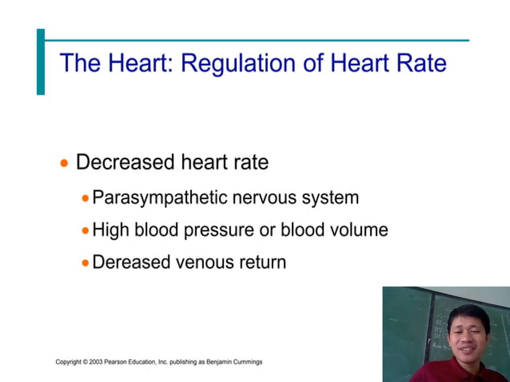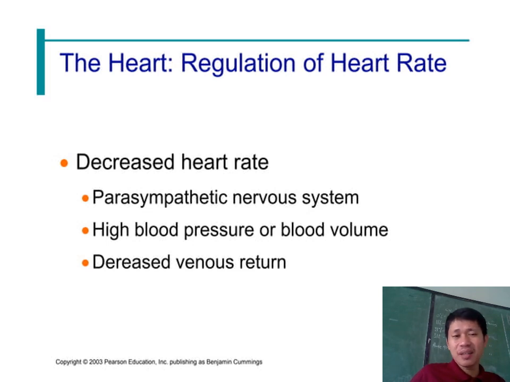So in those instances, class, when we are relaxed, then our heart rate will tend to be lower than normal. Those patients with high blood pressure also experience decreased heart rate. When they are high blood, or high blood volume, then the heart rate decreases.